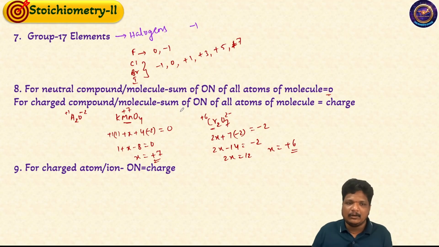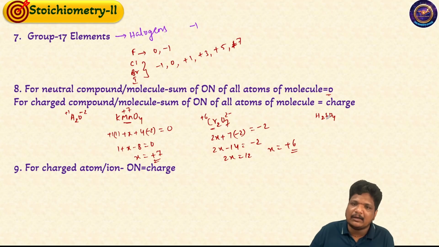If you observe H2SO4, and I want to calculate the oxidation number of sulfur: two hydrogens, so 2 into +1, each hydrogen being +1 oxidation state, since it is a non-metal. So 2 plus x plus 4 into -2 is equal to 0.